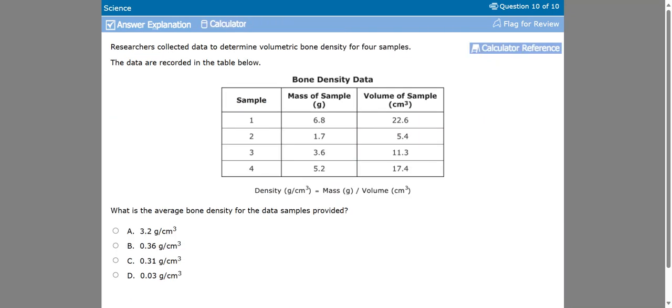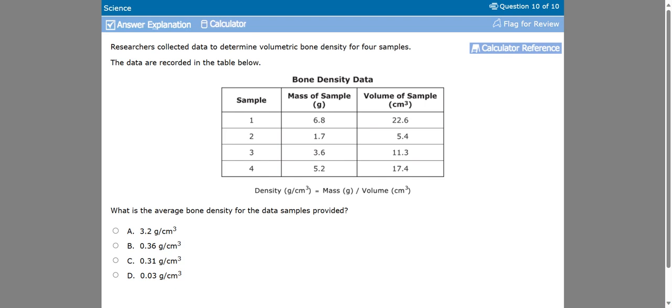Last question. Again, we have this chart and we have data and it's looking at volumetric bone density for 4 samples. And this one is interesting because it's saying what is the average bone density for the data samples provided. Really, what you're having to do is calculate that. So, how do you calculate average?